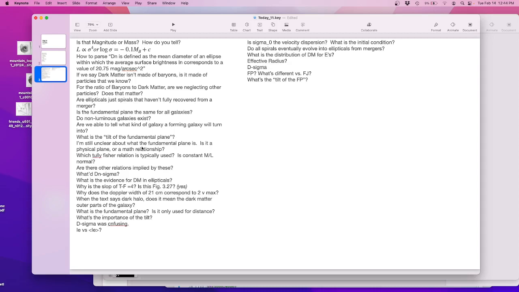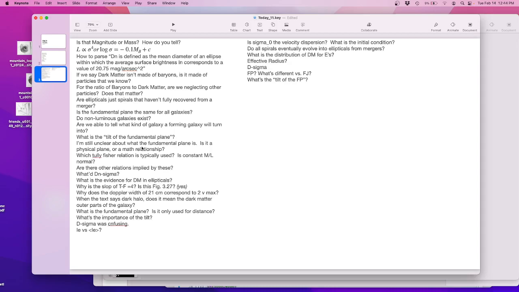I is the total light. Let's see. Sorry. If I is the surface brightness, it's a function of r. Then the average brightness is the integral of I times 2 pi r dr from 0 to some radius, r.